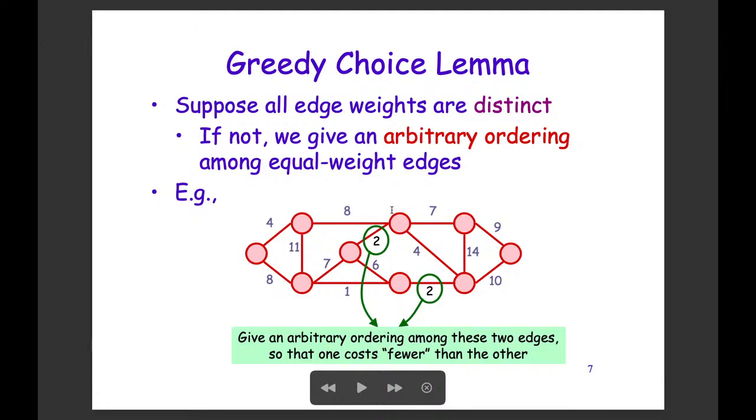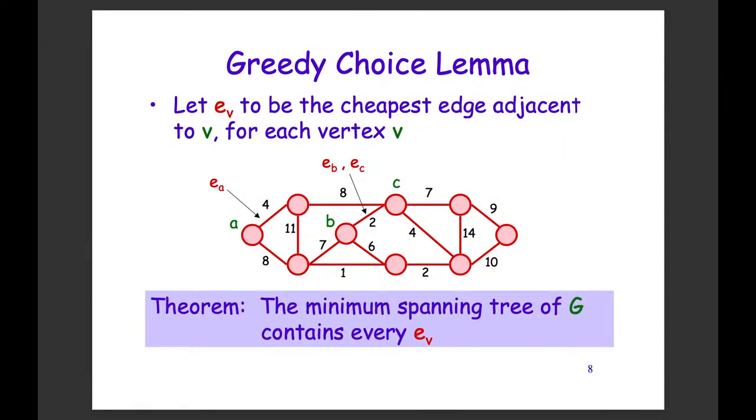Is that okay? So when all the edge weights have distinct values, then we can talk about this greedy choice lemma now. Here we define, for each vertex V, E_V to be the cheapest edge adjacent to it. Notice that all the edge weights are now distinct, so E_V, the edge connecting to V with the smallest weight, is unique.